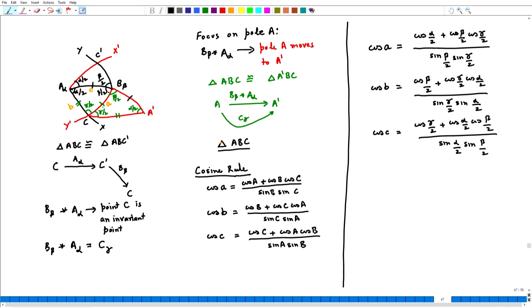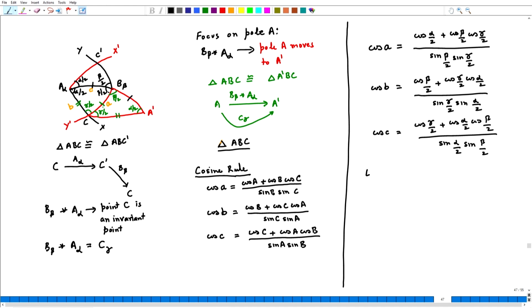Now, just before I conclude this lecture, let me apply it to a situation where I have three axes meeting at a point and all the three axes are two-fold rotation axes that we saw in the last lecture when we solved that problem using matrices. So, let us solve that specific problem again through this route.